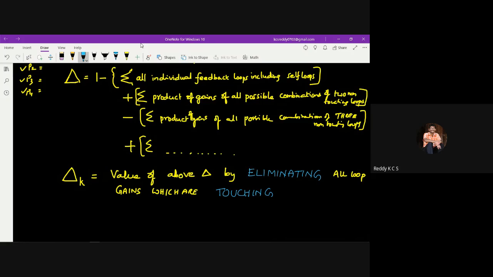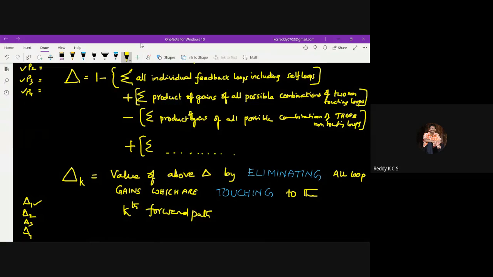Non-touching means there is no common node; touching means there is a common node. So if they are touching, you can eliminate those touching loop gains. Touching to the kth forward path means, if there are 4 forward paths, we have del 1, del 2, del 3, del 4. Whatever loop gains are touching the forward path, all those loop gains are to be eliminated from the del equation.